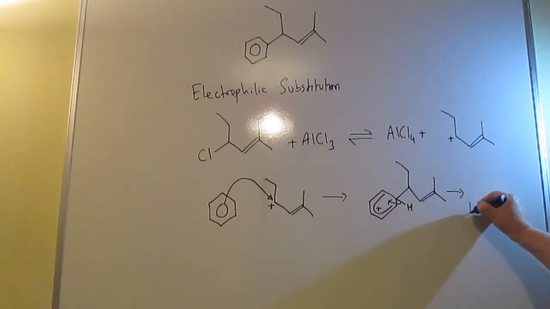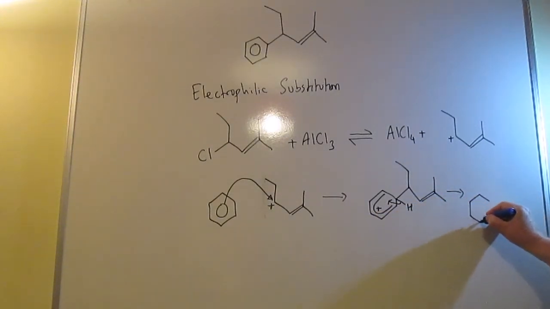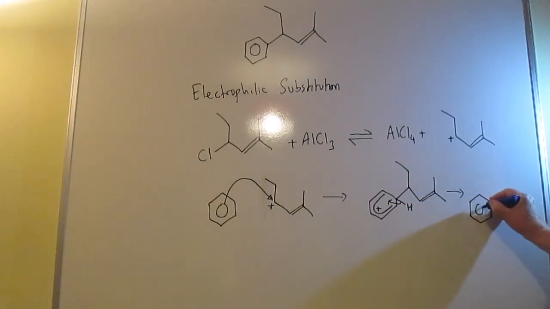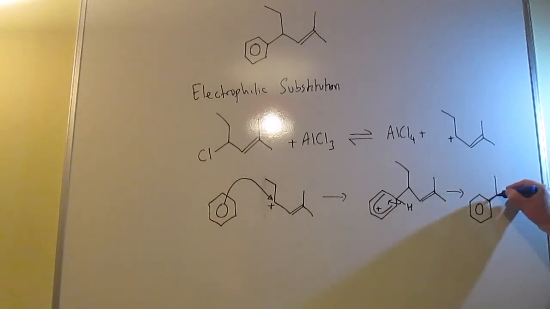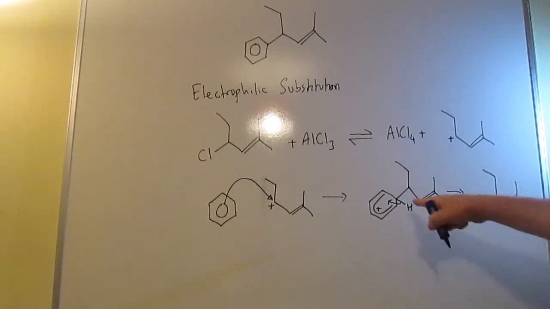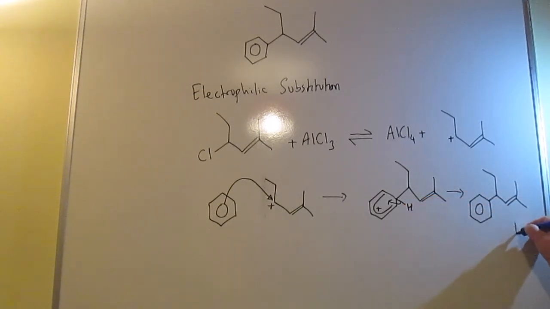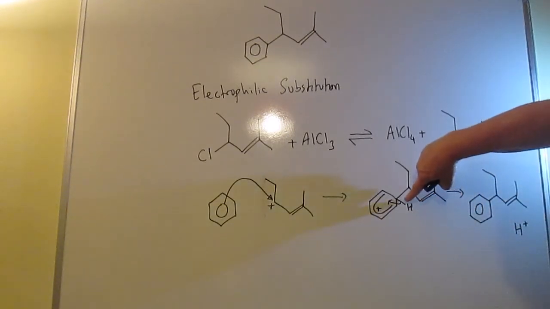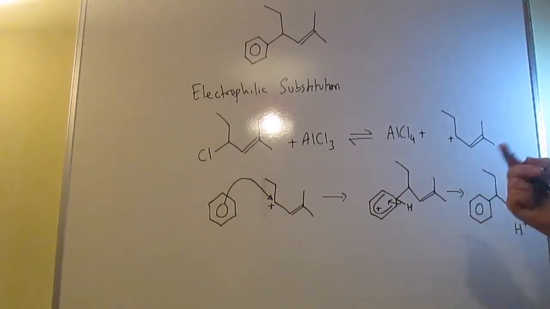So that gives you your actual organic product. And the hydrogen that's been lost is lost in the form of H+, because it hasn't taken either of those 2 shared electrons with it, so it's an electron down. It's H+.